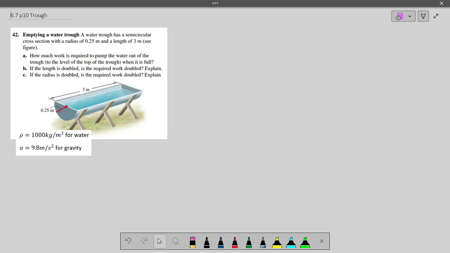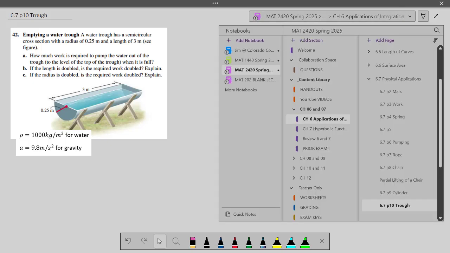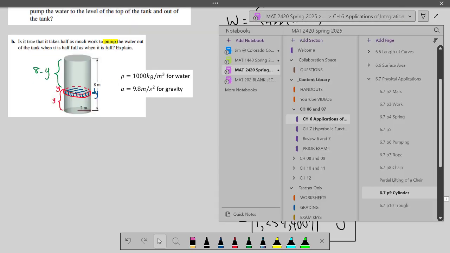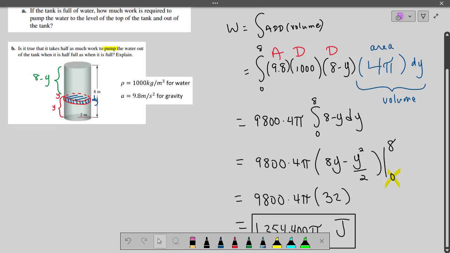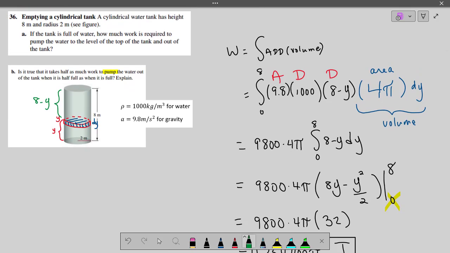Okay, so this trough, let me point out one thing that I want you to keep in mind. Let's just suppose we were told that there was a pipe up here at the top, and we were going to pump it out this pipe instead of right over the lid.